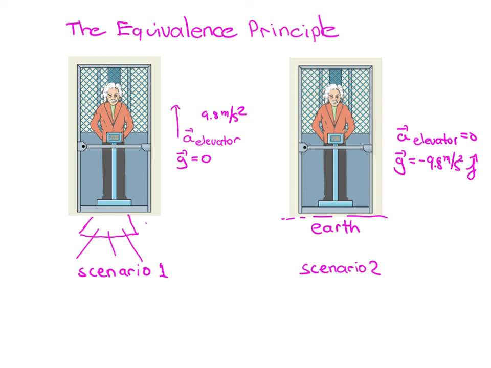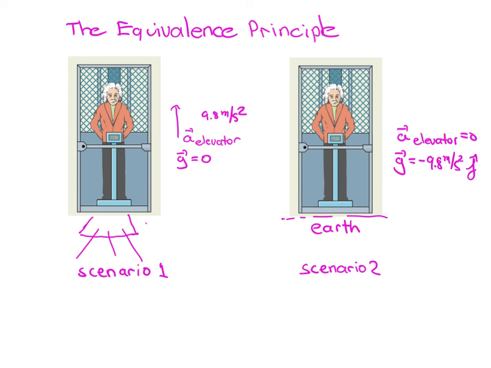And that ends up having profound effects because, for example, it means if you were to shoot a light beam through an elevator that was accelerating, relative to the elevator, you would see the light bend. And if you really take the equivalence principle seriously, it means that if a light beam travels where there's gravity, the light beam is going to bend as well.